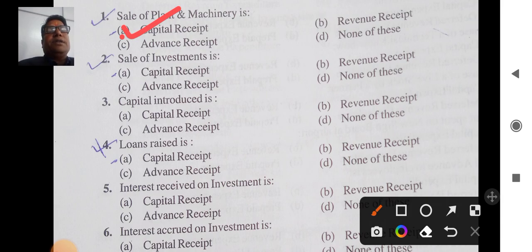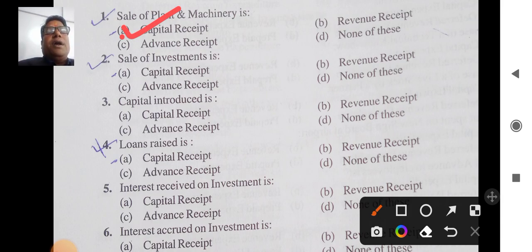And next is sale of investment. Now you know it well that investment is one of the assets, either short term assets or long term assets, both are investment. So revenue receipts and advance receipts will never arise, because it may be possible that if you get interest and dividend over the investment, then it can be considered as a revenue receipt.